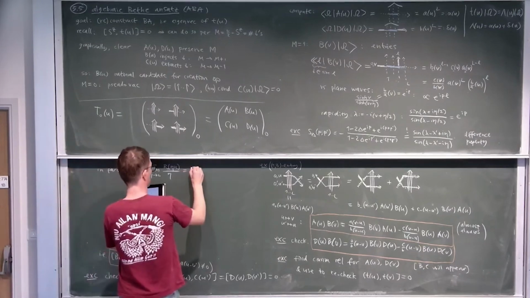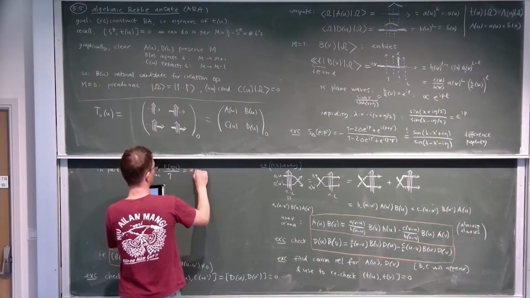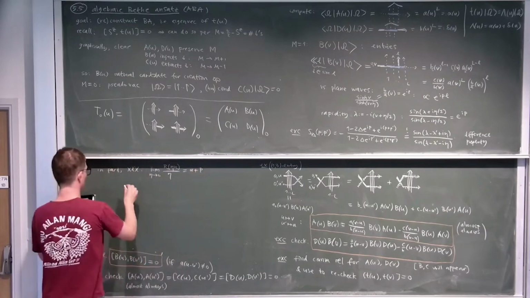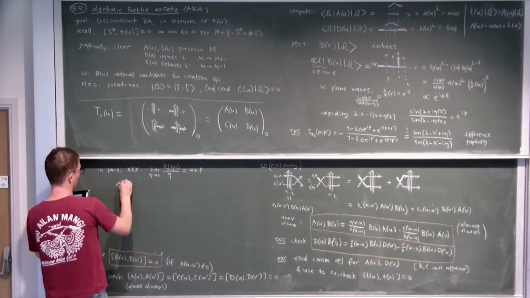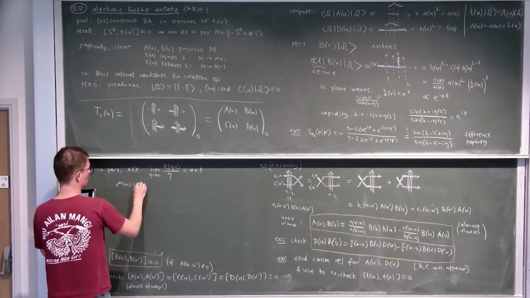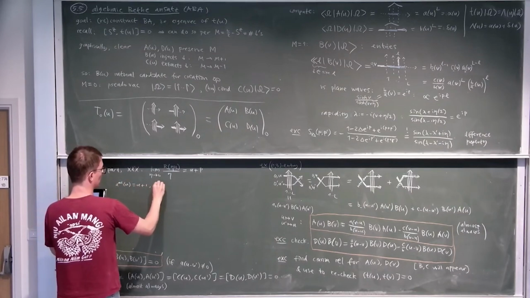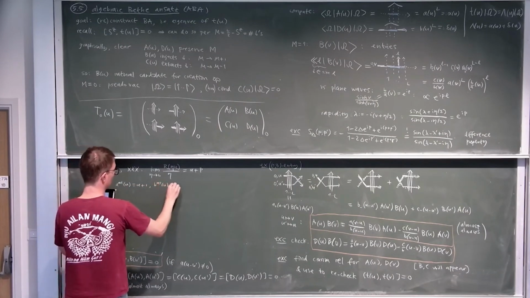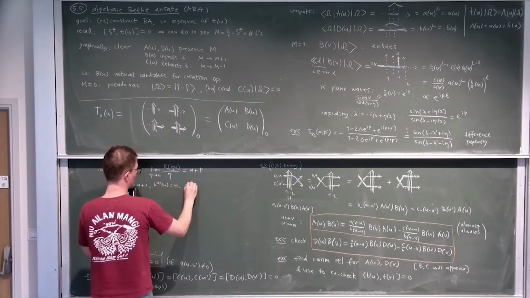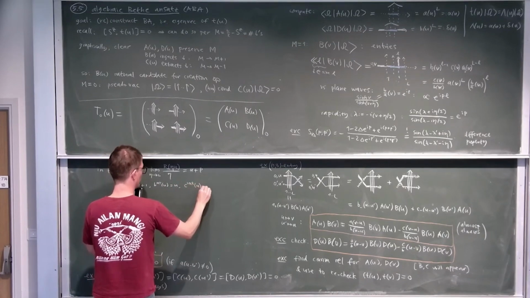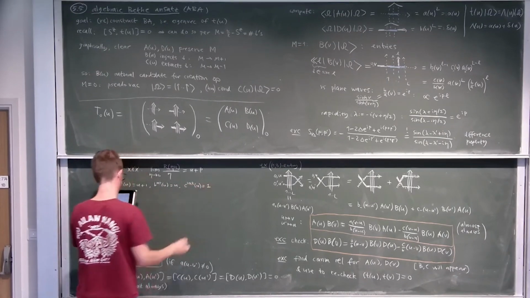This is the R matrix that I wrote down before, u plus the permutation. So what this means is that our rational coefficient A of u is just u plus 1. Our B coefficient in the rational limit is just u. And the C coefficient in the rational limit is just 1.